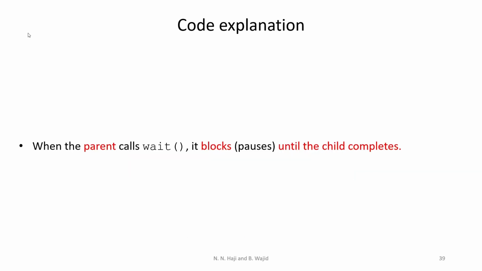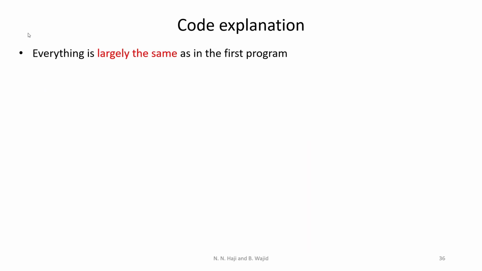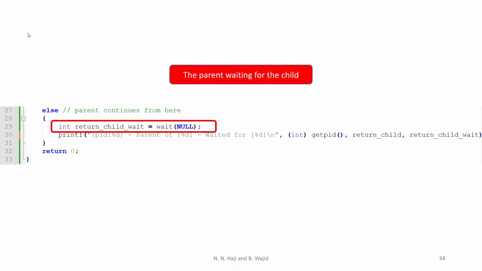What happens here is the parent process is already in the CPU, it's running. When the code calls fork, a child process is made, the parent is still running, and it comes to this point where the wait command is invoked.